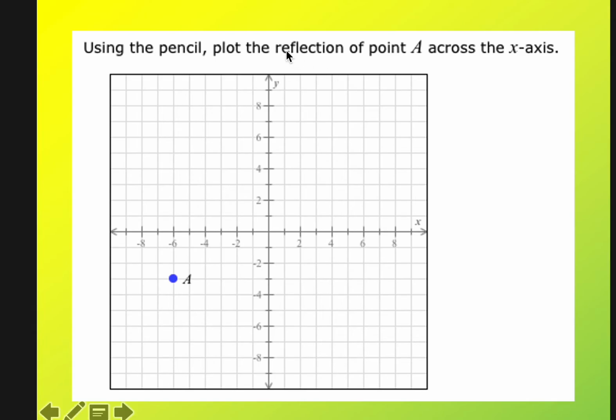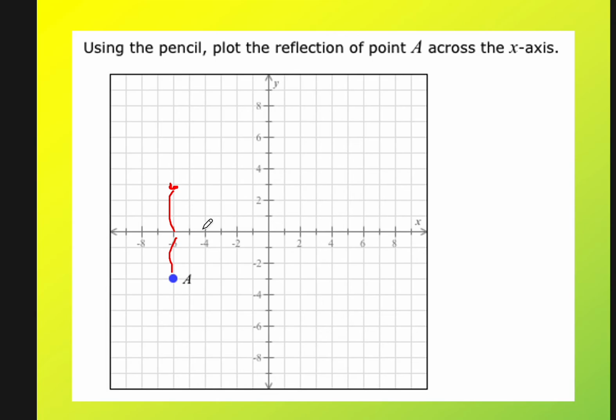Okay, so let's use a pencil to plot the reflection of point A across the x-axis. So here it is. Here's the x-axis. We're going to go up 1, 2, 3, and then up 1, 2, 3. I'll try to do it with my pen here. So we're 3 away, and then 3 more. Puts our point here.